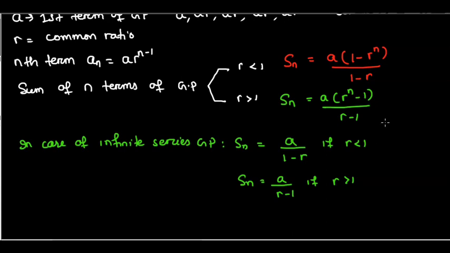So remember these 4 formulas to find the sum of a GP series. The first 2 formulas are applicable when we have a finite series of GP, and the last 2 formulas are applicable when we have infinite series of GP.